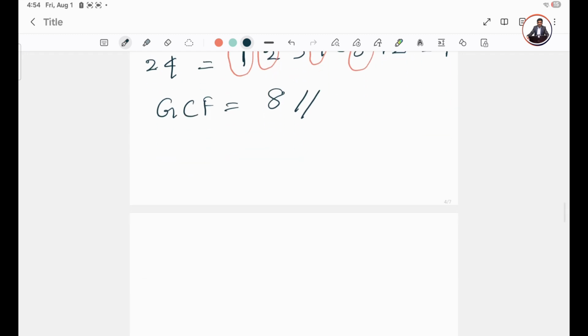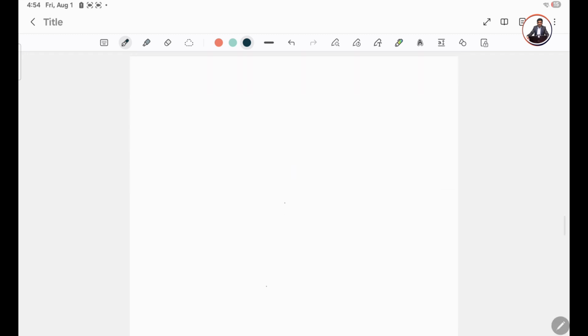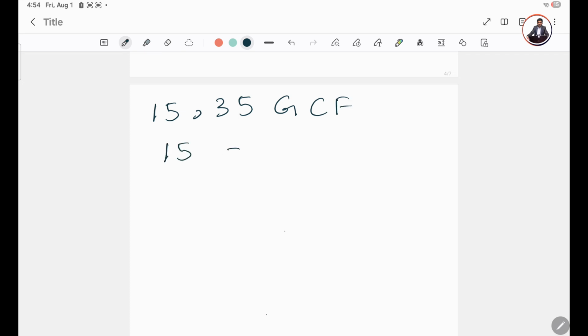And then the next example: 15 and 35, we need to find the greatest common factor. For 15, again the same thing: 1 times 15 is 15, and 3 times 5 is 15. Do we have any other factors of 15?